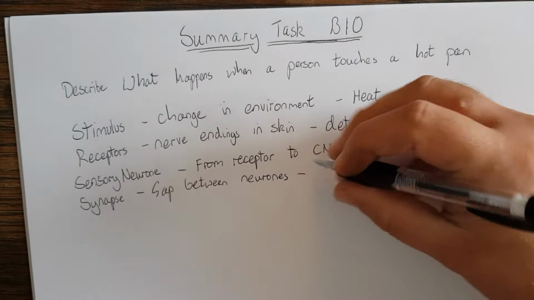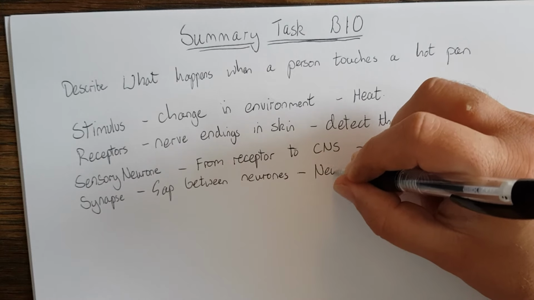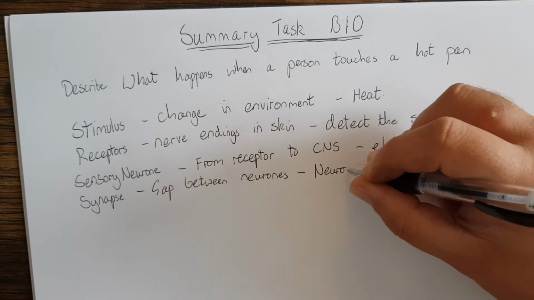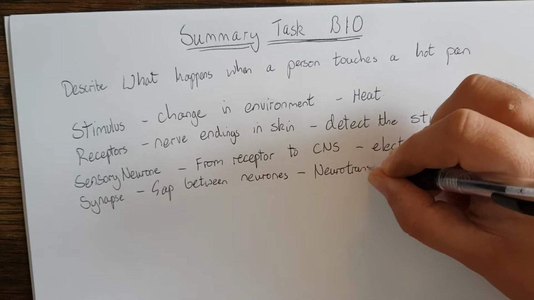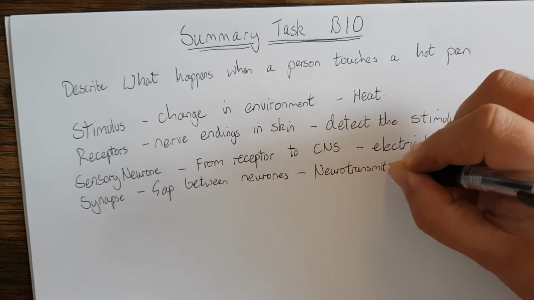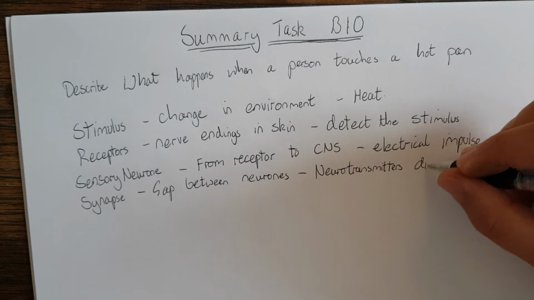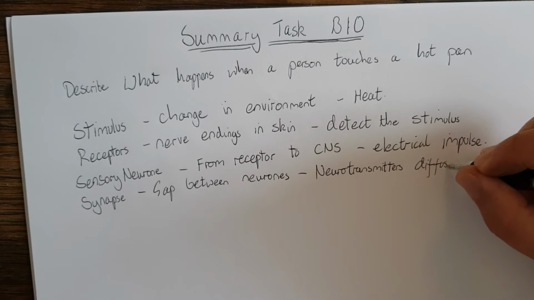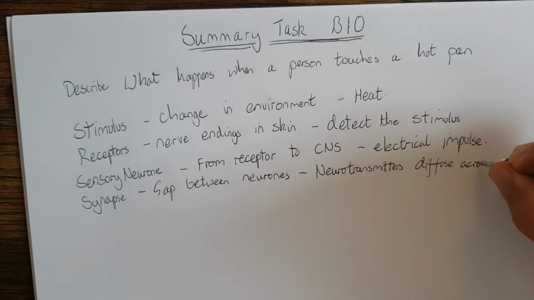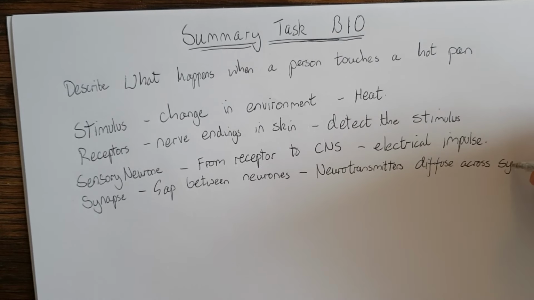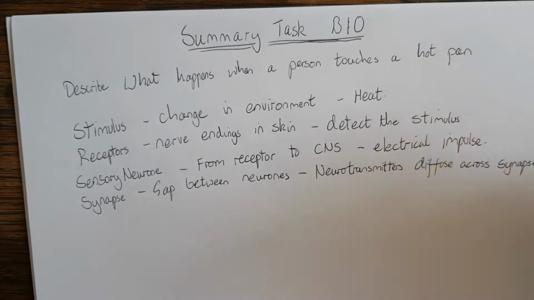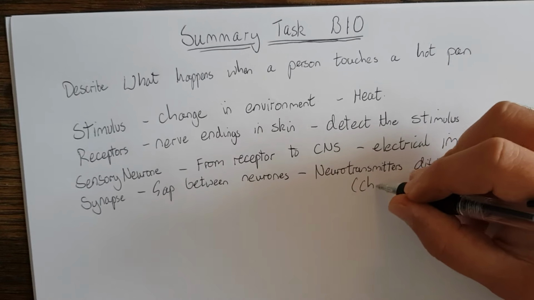So we get the neurotransmitters, neuro relating to the nervous system, and transmitters, they will transmit the information, and they diffuse across the gap. So they diffuse across the synapse or gap, and this is a chemical message.